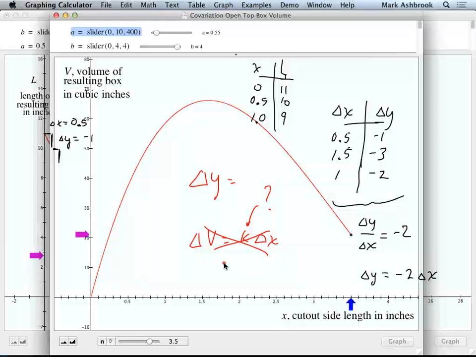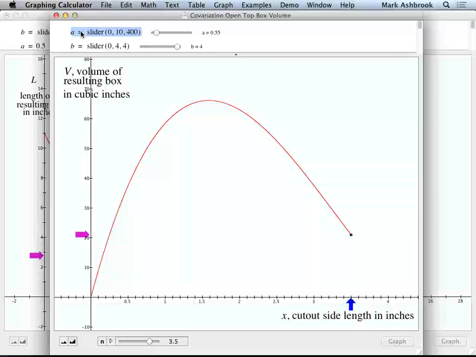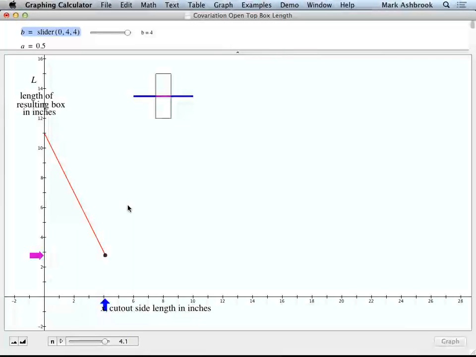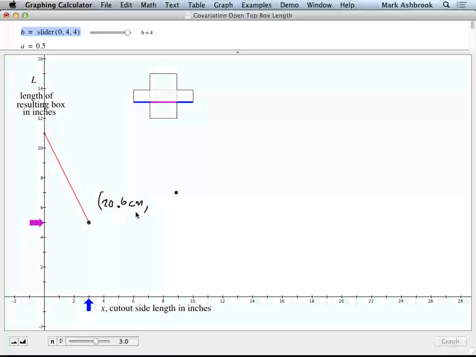Okay, just to review, I want to review how we built up the equation of a line. Suppose, and I'm just going to make up some numbers here, we have a really large piece of paper and we've cut out side lengths of 20.6 centimeters, and the resulting length is, I don't know, 113.7 centimeters.